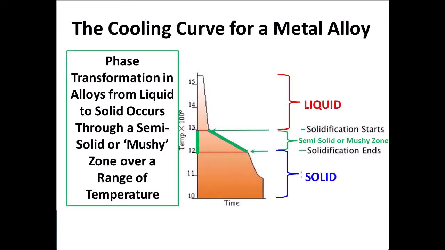Now let's consider the solidification of an alloy as it passes through the two-phase liquid plus solid phase field. Take a composition in the copper-nickel binary isomorphous diagram. In this case, we've chosen a composition of 35% nickel and 65% copper.